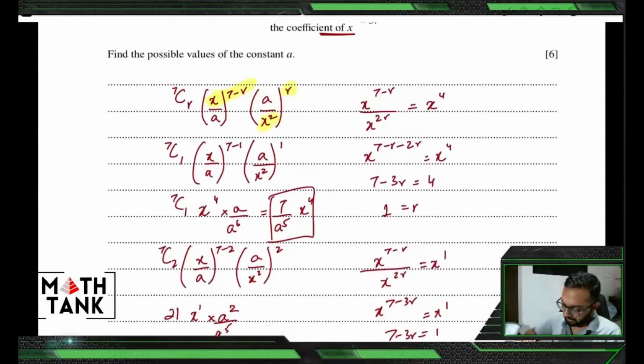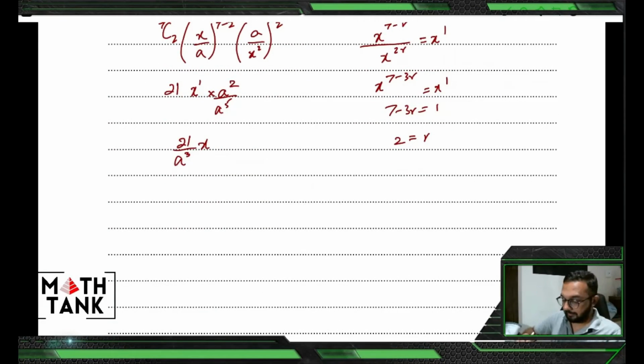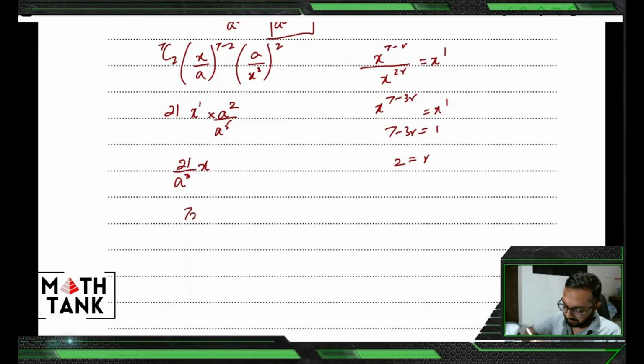Now what else do I know? I know that when these coefficients are divided, I get 3. I'm just looking at the coefficients, so let's just write the coefficients. 7 divided by a power 5 and 21 divided by a cubed, and that should equal 3.